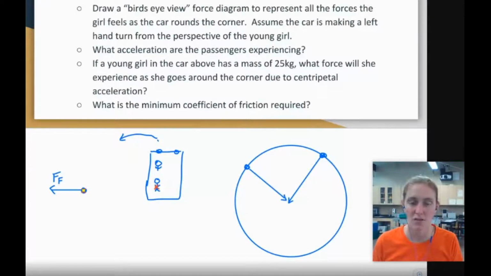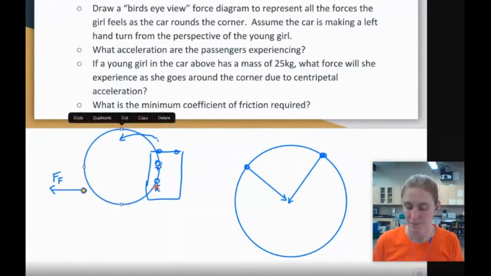And so in fact, for every single example where you're having an object go in a circle, your net force needs to be towards the center of your circle. So if I'm making a left-hand turn, then it would be like my circle is here. And so my force needs to go towards the center of my circle.